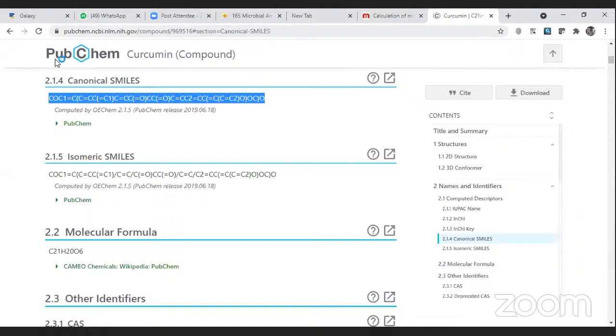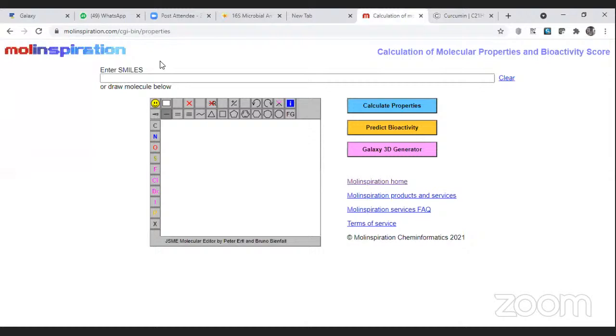This Molinspiration is a software to predict the properties of a particular molecule. You can see here, enter the SMILES or draw the molecule below. You can copy and paste the SMILES code and calculate the properties.